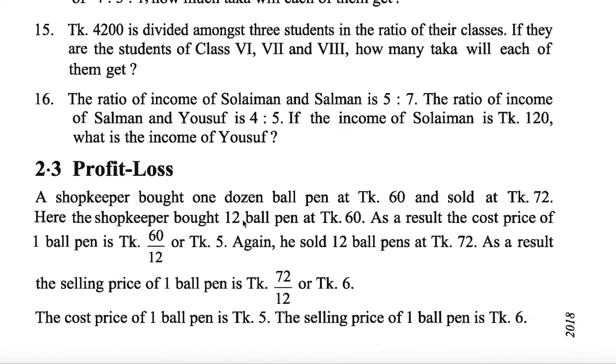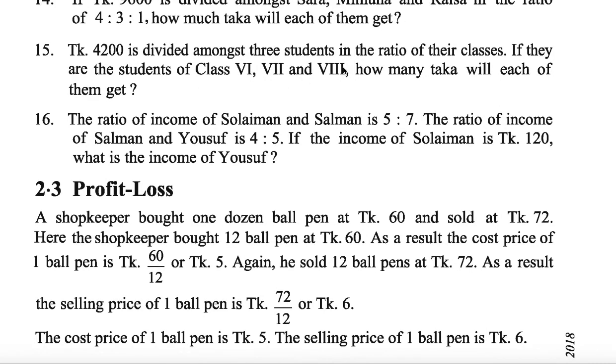Now we divide among the 3 students in the ratio of their classes. If they are the students of class 6, 7, 8, how many taka will each of them get? 6 plus 7, 13. 13 plus 8, 21. So 4200 by 21 is nothing but 200. 200 into 6, 1200.